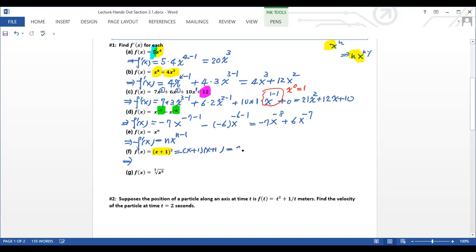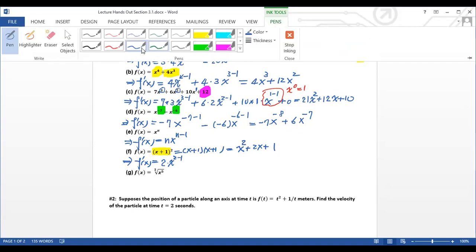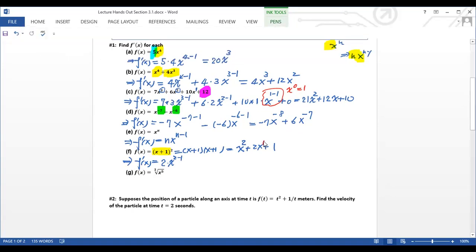If you FOIL it, you will have x squared plus 2x plus 1, right? Now you can take f prime x. So what is f prime x? You take the x squared, and this is 2 minus 1. And be careful. So this is what? This is x to the first power, right? Then this will be plus 2 times 1, then x to the 1 minus 1.